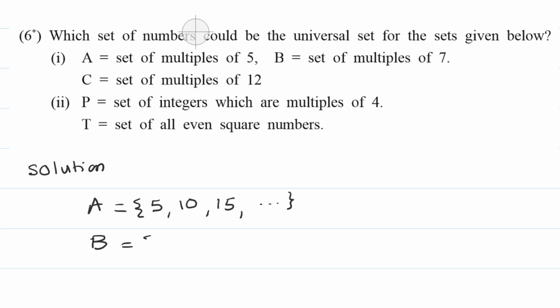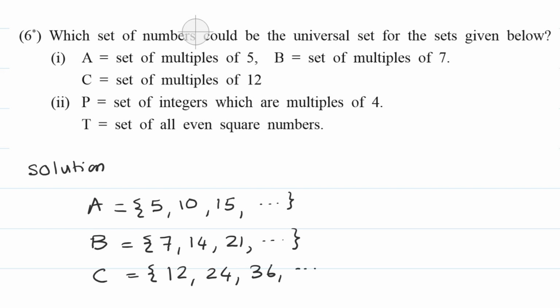B is the set of multiples of 7: 7, 14, 21, and so on. All members of B are also members of set N, the set of natural numbers. C is the set of multiples of 12: 12, 24, 36, and so on.